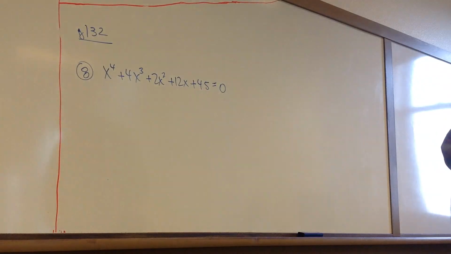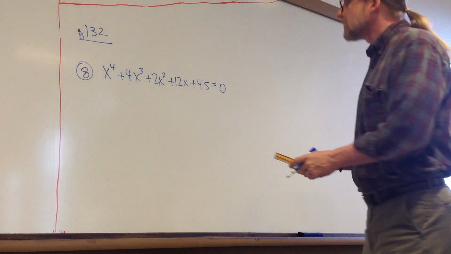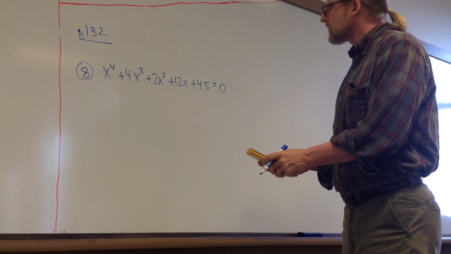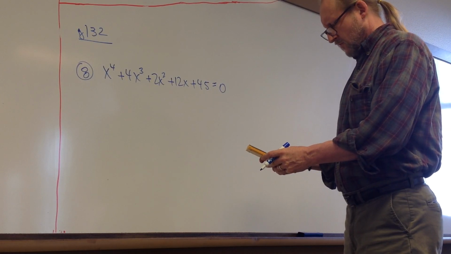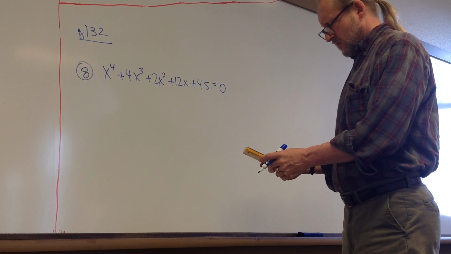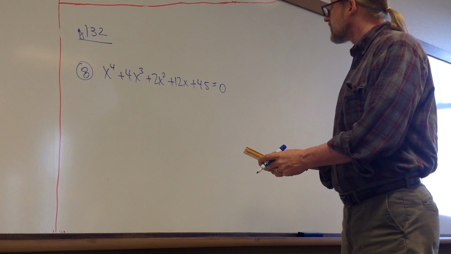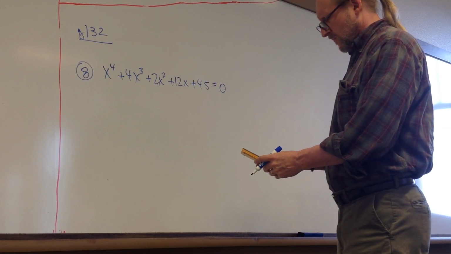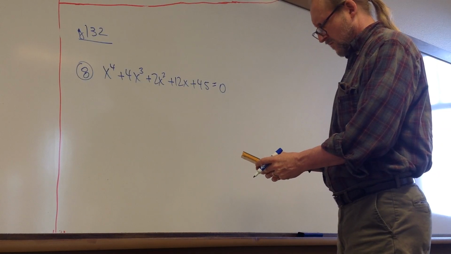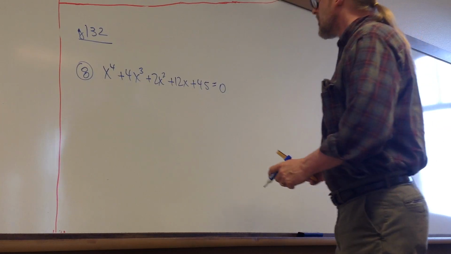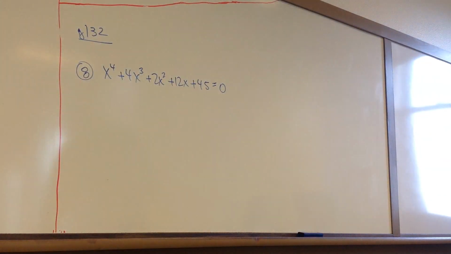All right, so let's get this graphed. X to the fourth, 4x cubed, 2x squared plus 12x plus 45. Okay, let's see what this looks like.